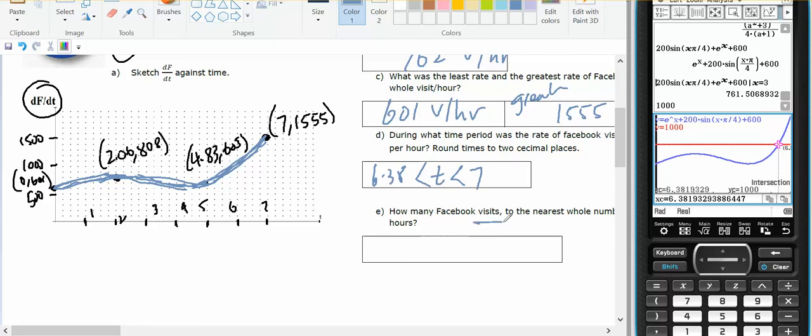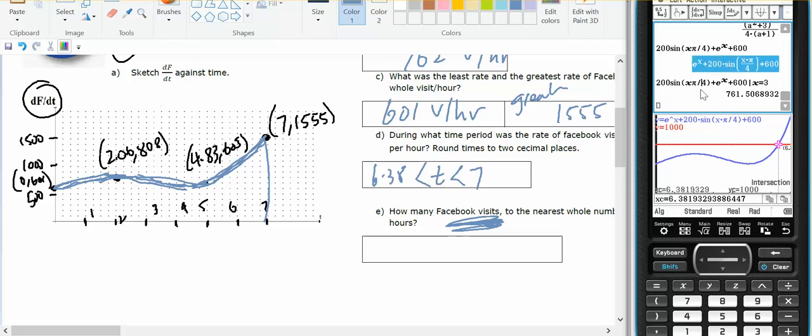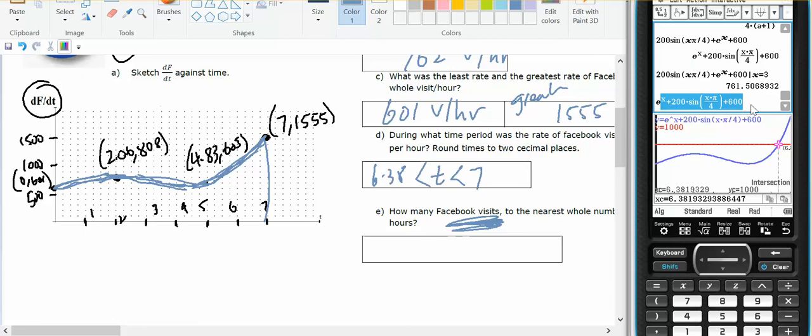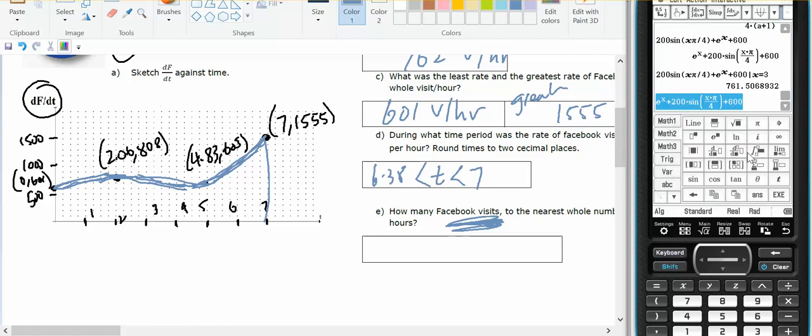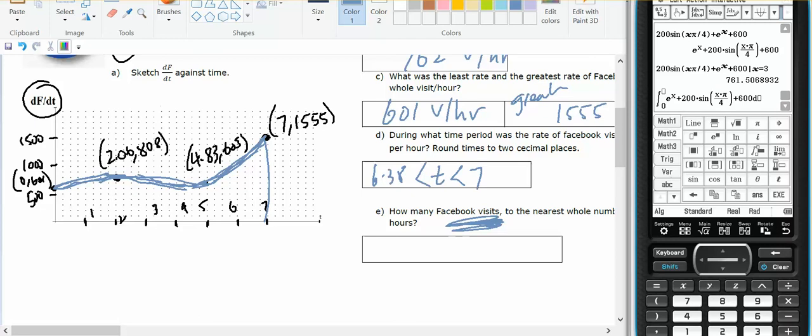And how many Facebook visits are there, as a whole number? Okay, so if I want to know how many visits, I want the area under the curve. And I would integrate this expression from 0 to 7.